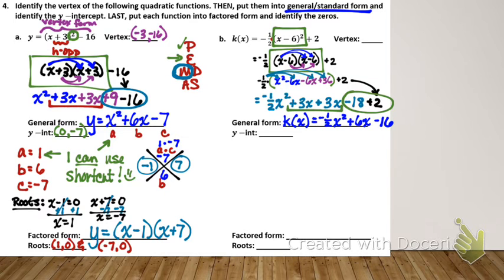Now that we have it in our general form, I can identify the y-intercept from here. What would the y-intercept be? 0, negative 16. The vertex is going to be positive 6 plus 2.